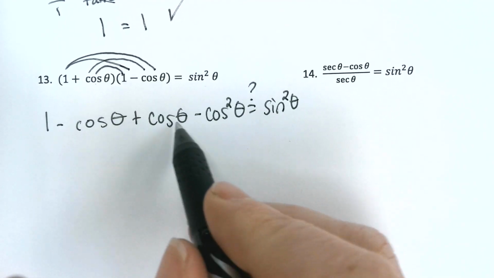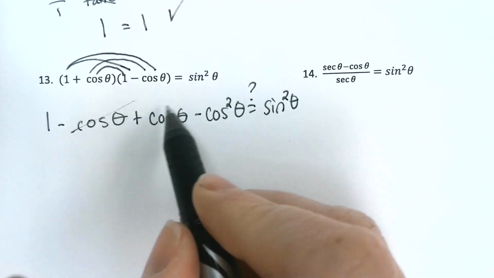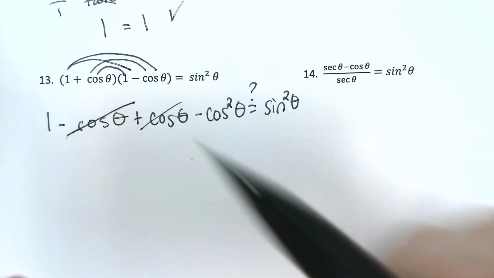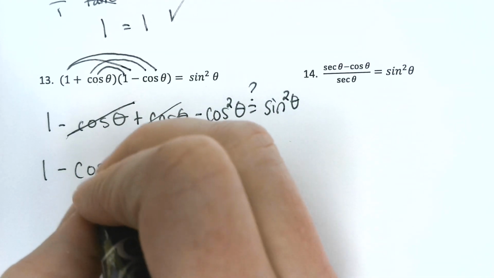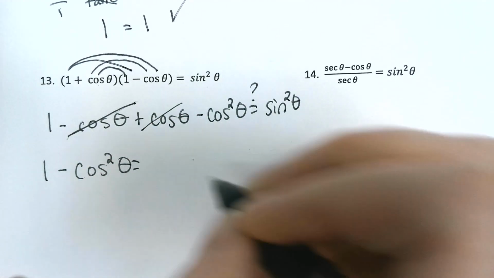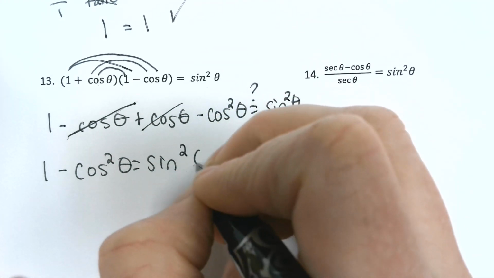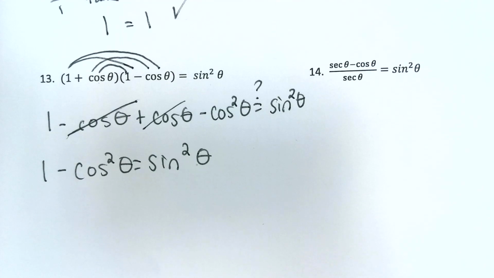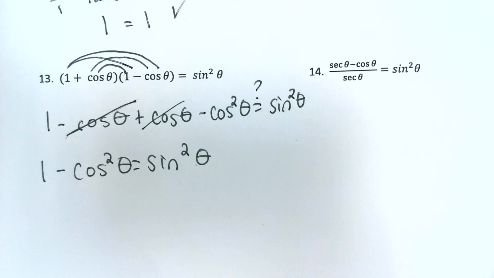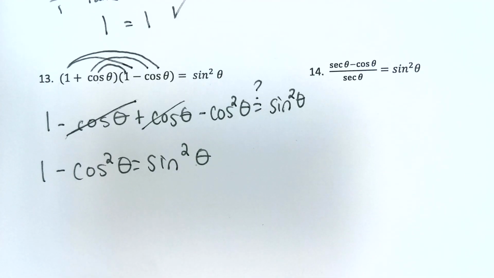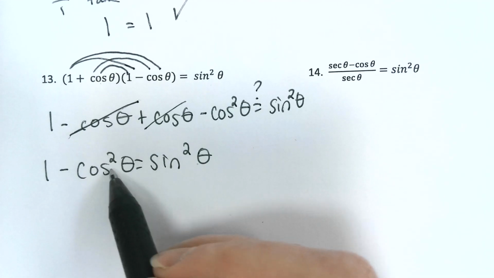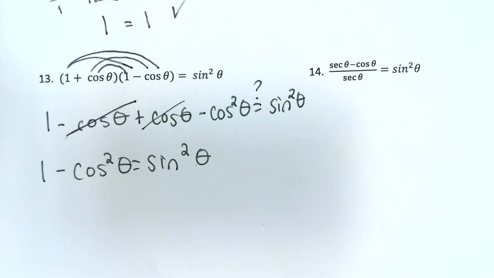All right, so these are opposites of each other, additive inverses. So this would be 1 minus cosine squared theta equals sine squared theta. Okay, so we need to look and see where we can simplify something out. This has the squared, so I'm going to go to the Pythagorean identities.